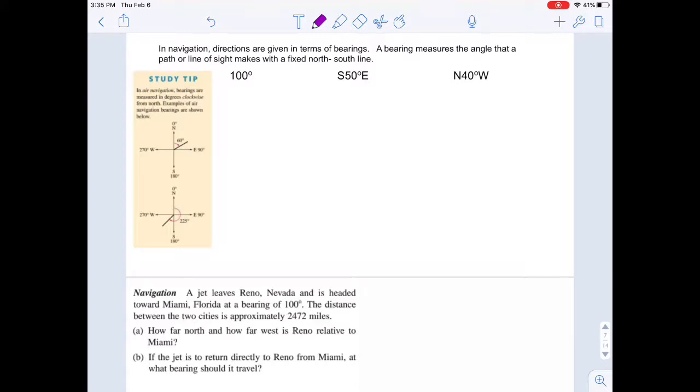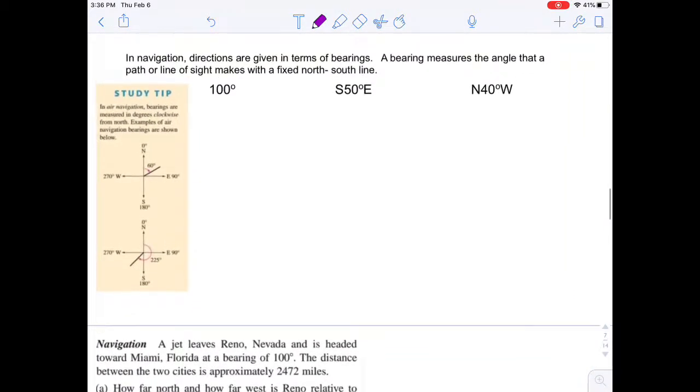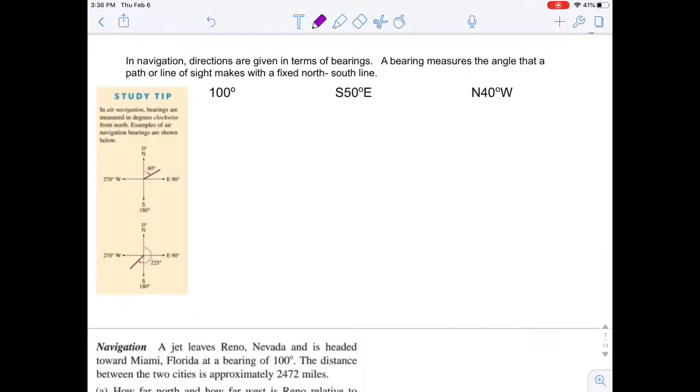So if I look at this first problem here, this says 100 degrees. So I'm going to essentially just draw my north, south, east, and west. I need to figure out the angle or path of 100 degrees with the fixed north-south line.